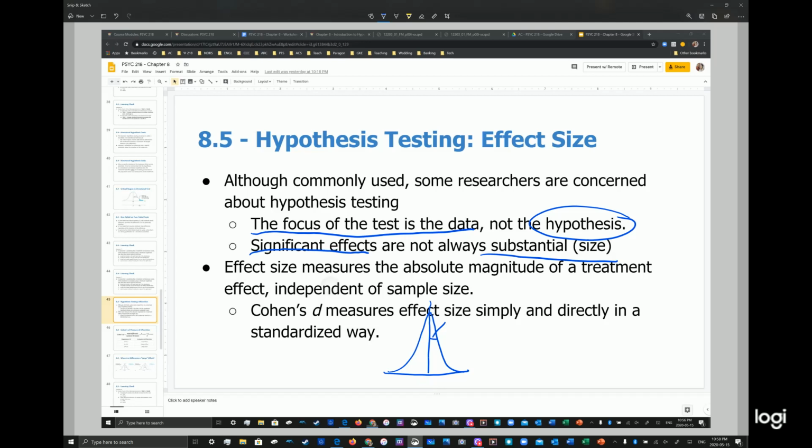Let's say the standard error here is only 1. So in that case, you may get a z-score of 2 when you do a two-tailed test with 1.96 as your critical region, your z-score.